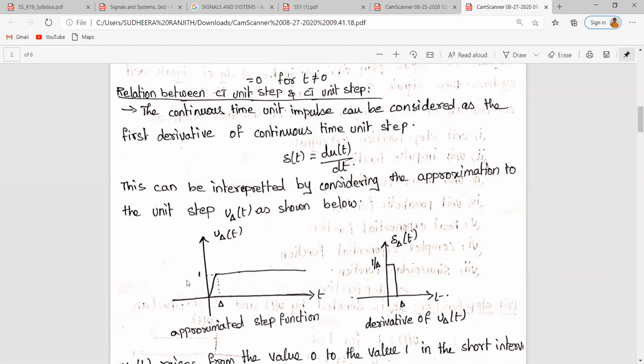Okay. If we differentiate this particular signal, see, differentiation of a constant is 0. So from minus infinity to 0, the signal has the amplitude of 0, which is constant, so the differentiation should be equal to 0.